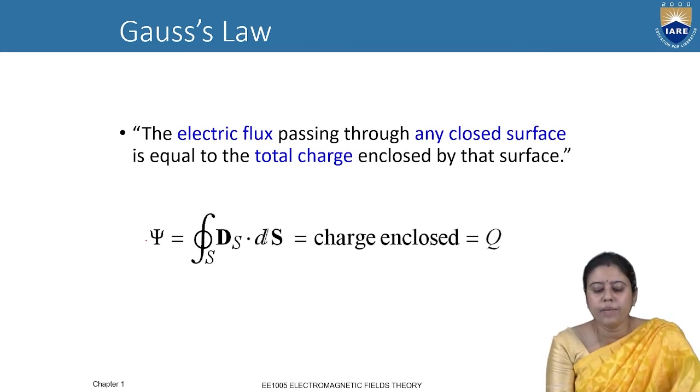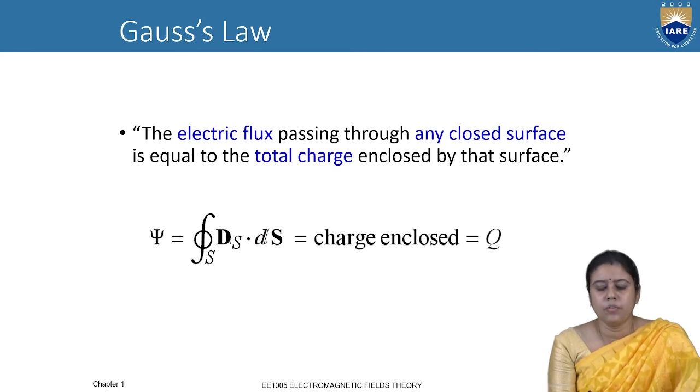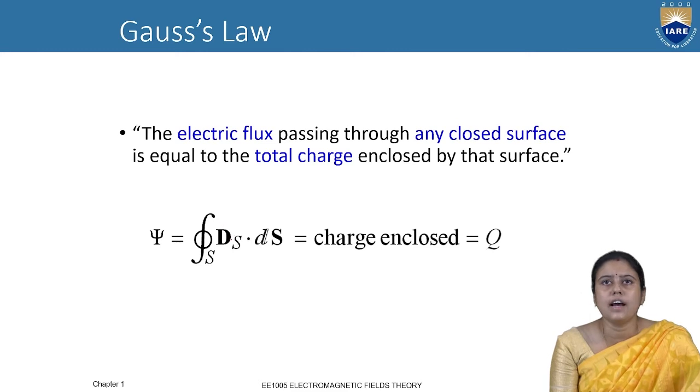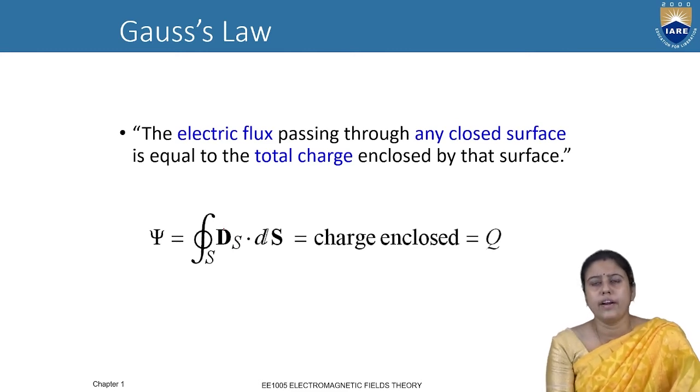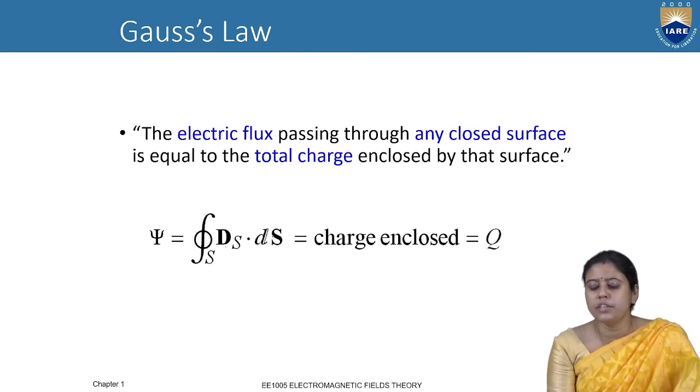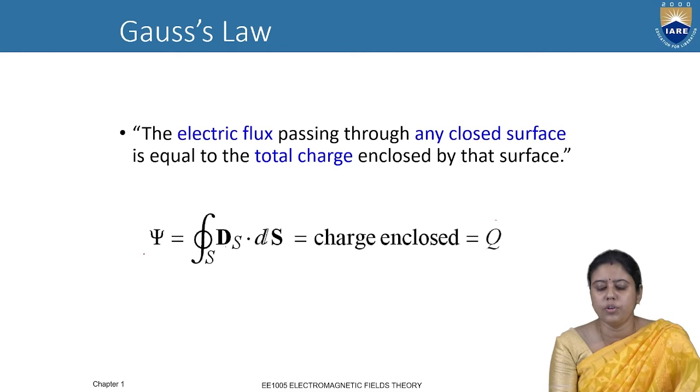And what is the number of lines of flux? It is the surface integral of D dot ds. This bold letter means it is a vector quantity. So the integral of D dot ds is equal to the charge enclosed. If the amount of charge enclosed in a field is Q, then Q is equal to the number of psi.